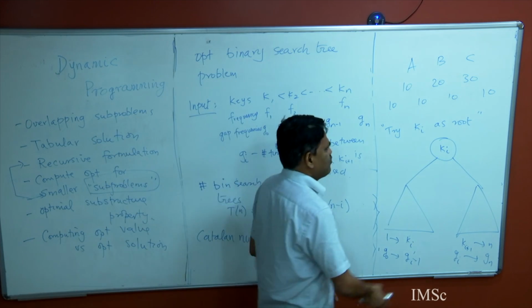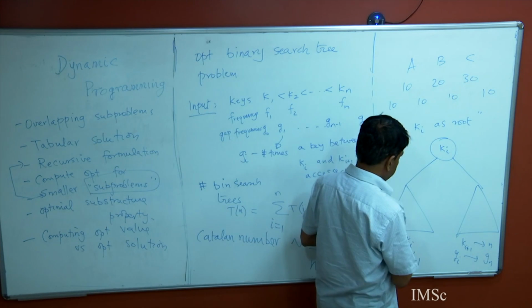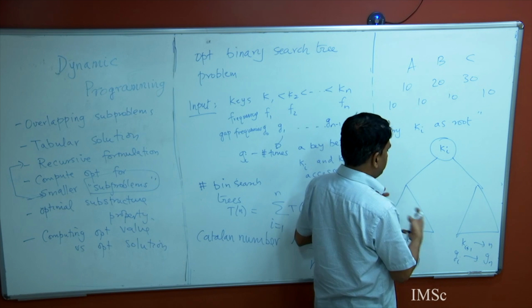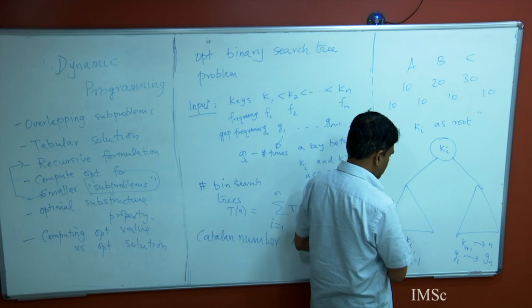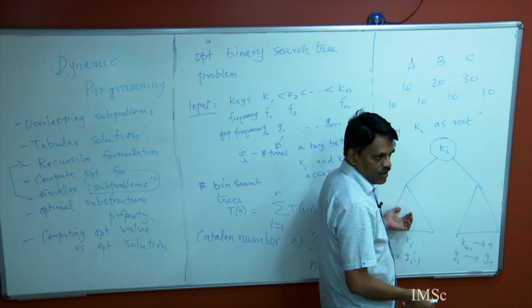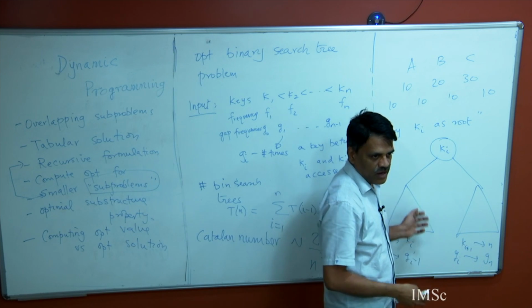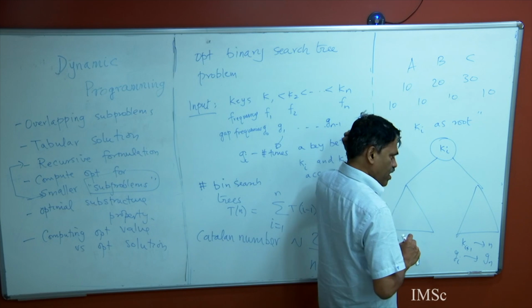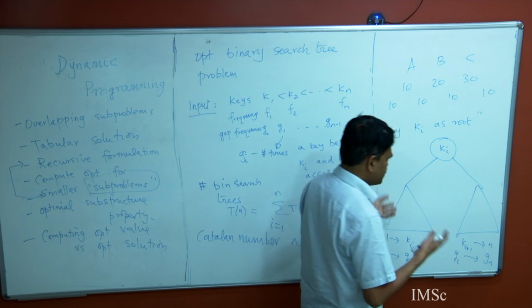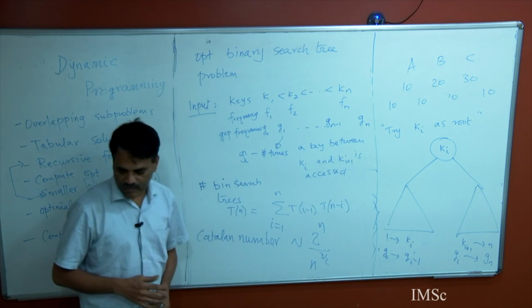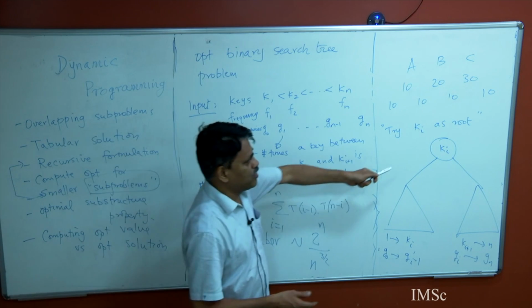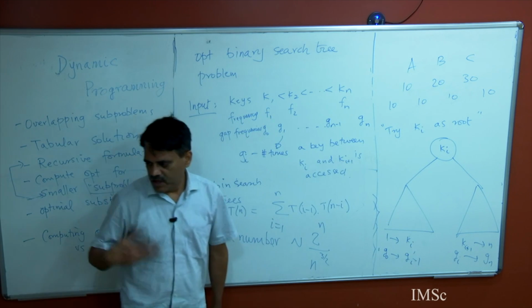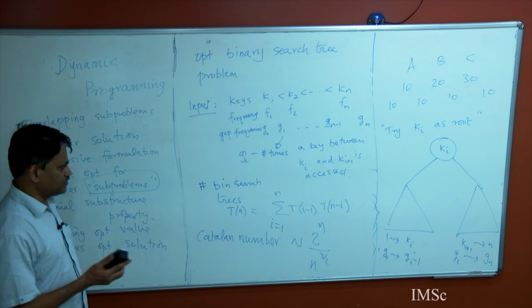What is the subproblem? If ki is the root of the optimum solution, then this tree must be an optimum binary search tree for 1 to i minus 1 and this must be for i plus 1 to n, otherwise cut and paste, right. Okay, so now you run through all possible root values, that is the final solution. So, what are the subproblems you will compute?